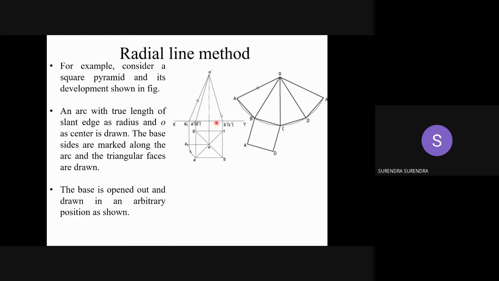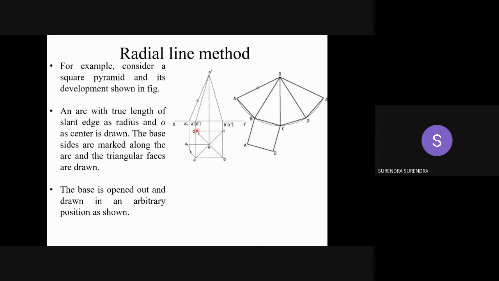So this is an example of how to draw the development of a pyramid. First the pyramid is drawn as per the given dimensions. Now the main thing is to identify the true slant length.